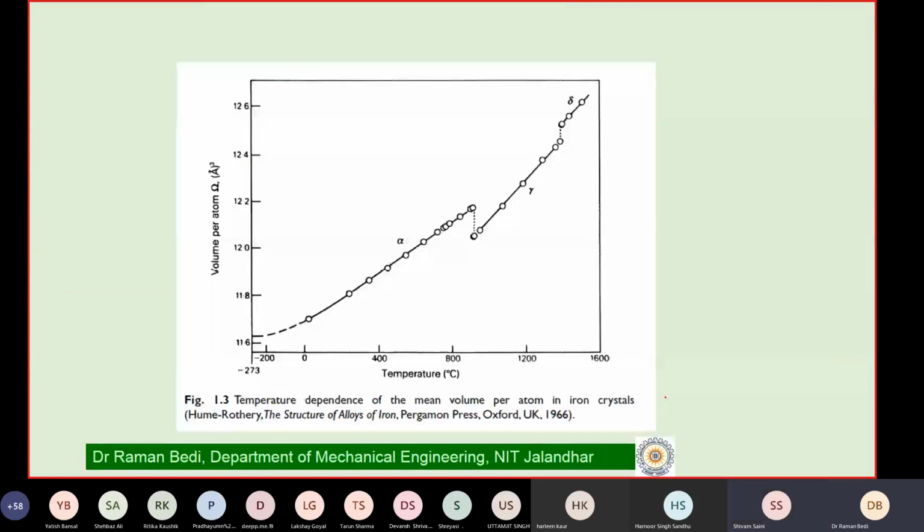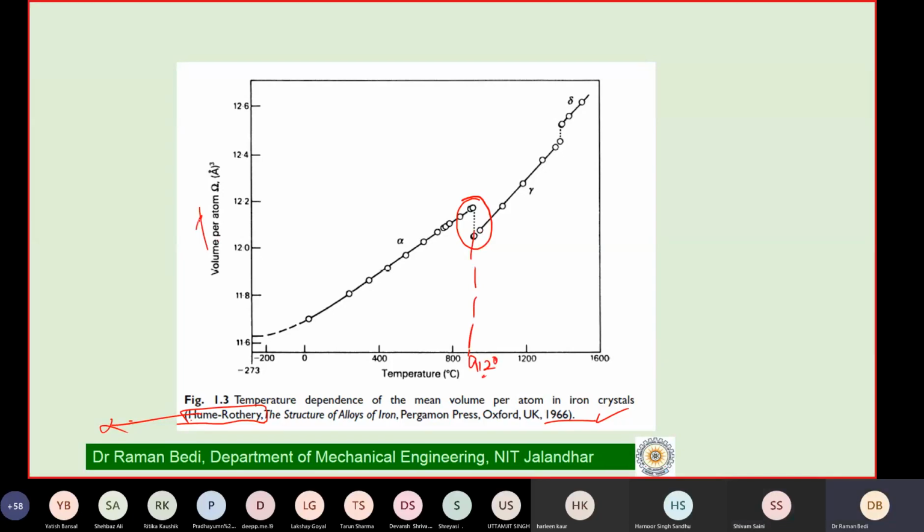If you see the plot here, this is how it looks. This is very old data which I'm using, from 1966, published by Hume-Rothery. So we will use these Hume-Rothery rules today in our discussion on alloys. What we see here is what is happening when the temperature is increasing. We find that there is a sharp dip at this 912 degrees.